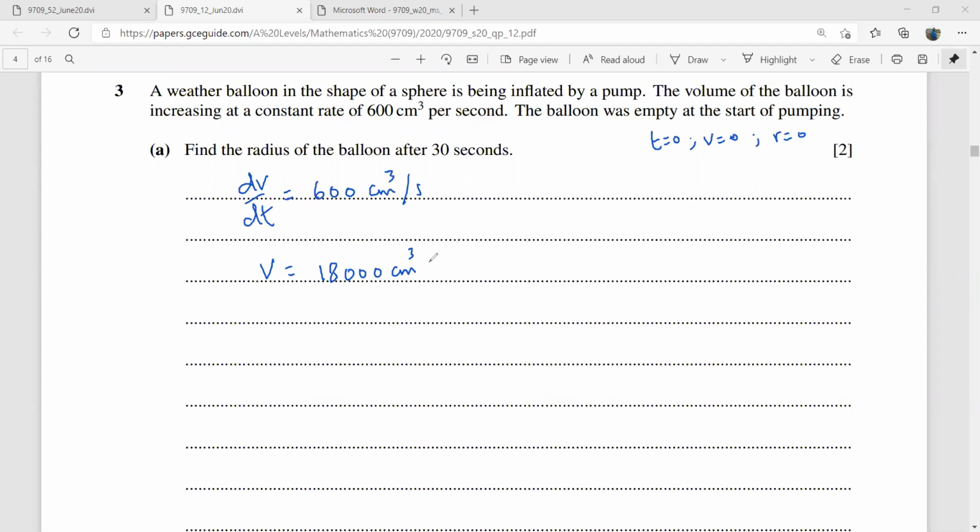And you can keep that equal to the volume of a sphere, which is 4 over 3 pi r cube. That is 18,000. You have to use your calculator here. R cube would be 18,000 times 3 over 4 pi. Then you take its cube root. This is 16.3 centimeter.